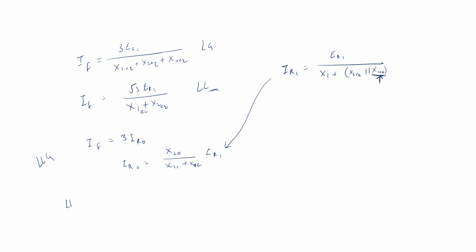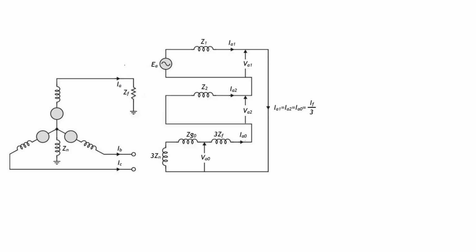Now for triple L fault, it is very simple. IF is equal to ER1 by X1 equivalent. If fault impedance is given, simply we can add it. Now if fault impedance is given, what do we need? If you observe this one, this is for LG fault.